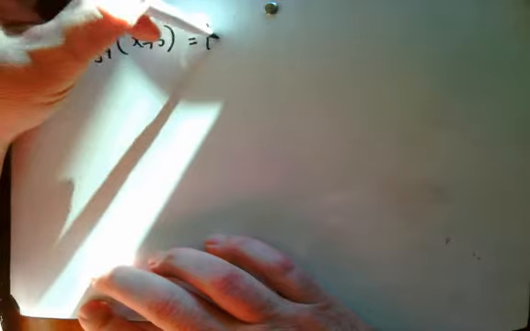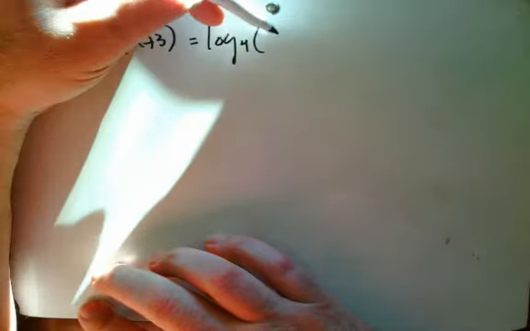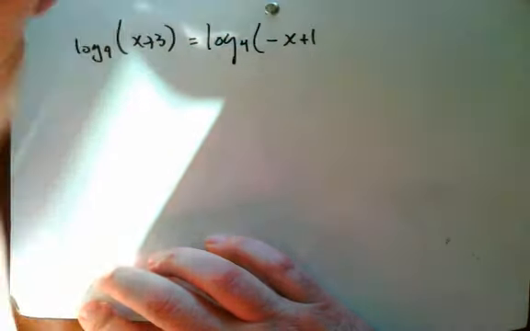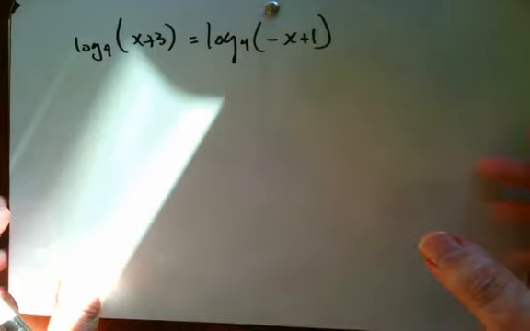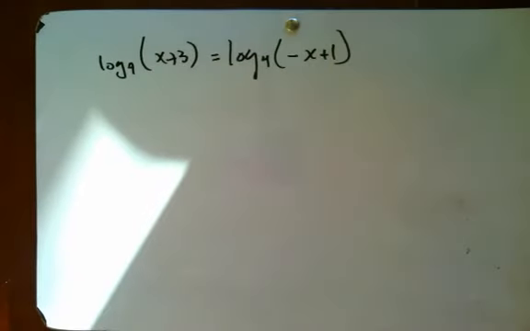So log base 4 of x plus 3 equals log base 4 of negative x plus 1. Why don't you try this problem and see what you get? I'll try it on mine, and in a minute, we'll share our answers.